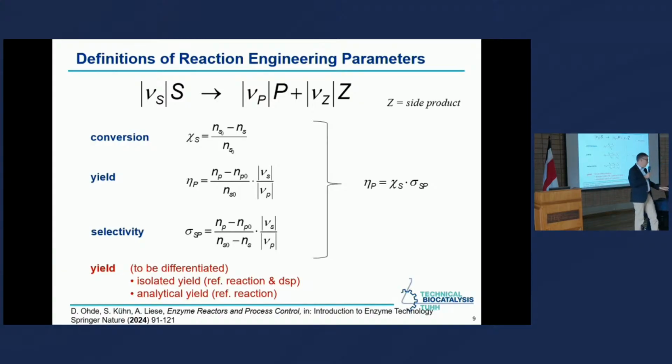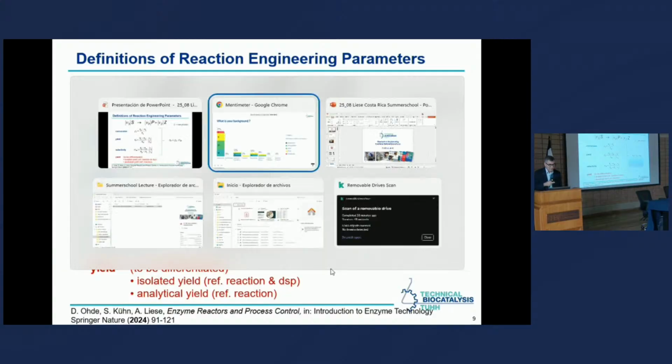Then we would not have a clear differentiation of what was produced in the reaction, starting material to product, and what was lost maybe by isolation of the product. Therefore, the yield we're addressing is only the analytical yield in what we're discussing in the following. Yeah, and to this now our quiz will be starting.